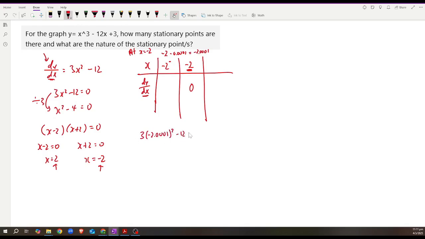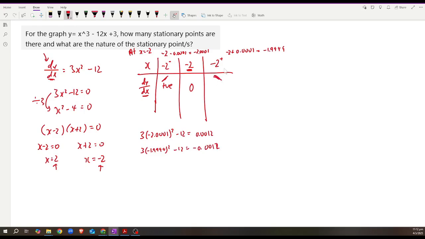Minus 12. This will be 0.0012, which is positive. So the gradient here is positive. And then we will find a point just to the right of it as well. So you take minus 2 and then you add 0.0001. So this will be negative 1.9999. Same thing, we sub that in, and it will give us a gradient of about negative 0.0012.